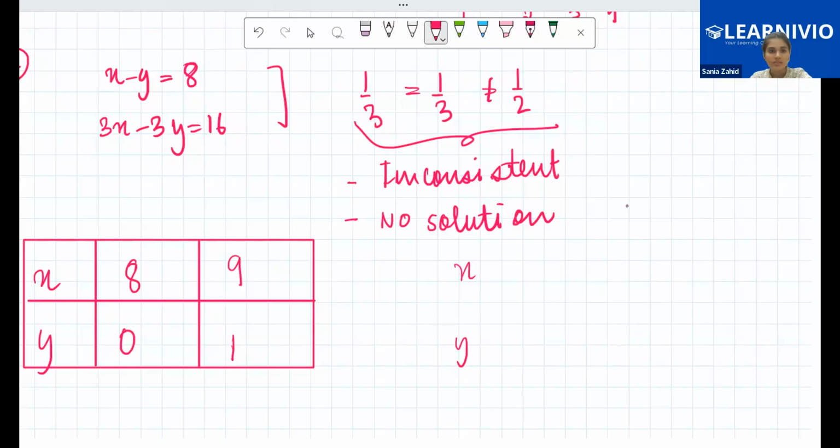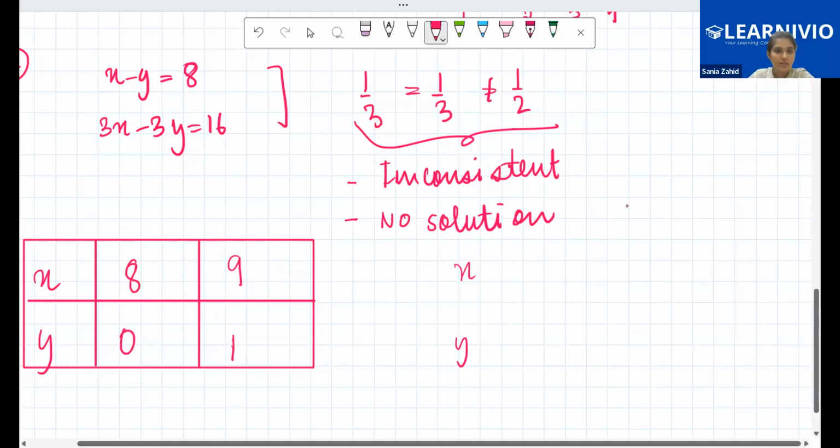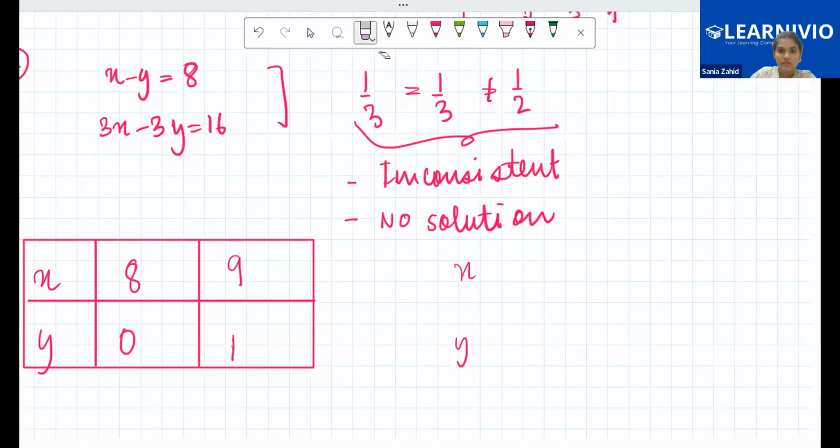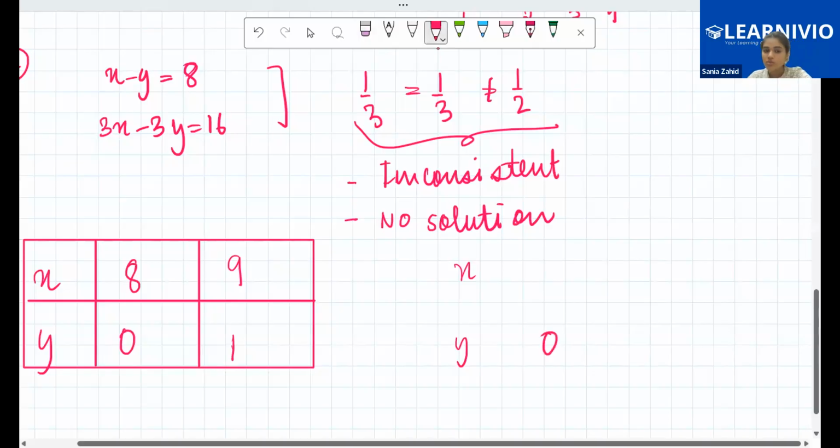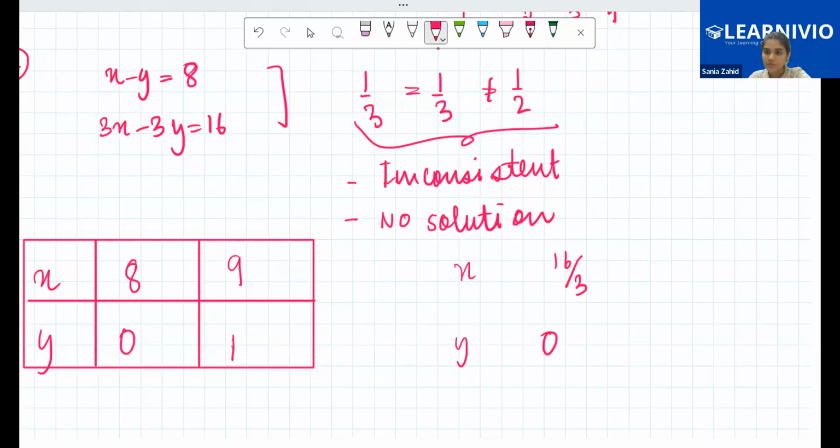I don't think there exists such a number. Let's take fractions only. Let's take y 0, so x will be 16 by 3. Then when y is 1, x is 19 by 3. So these are the values.